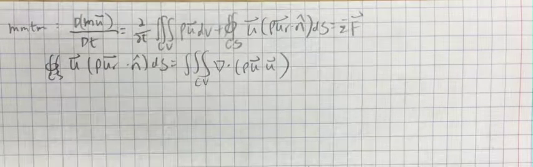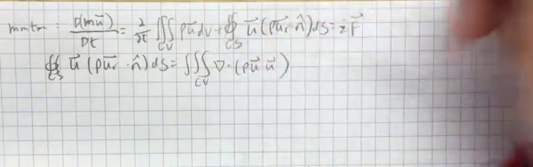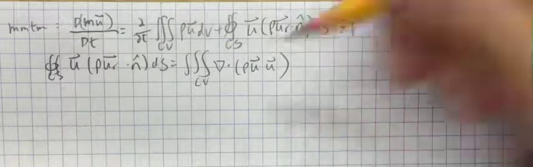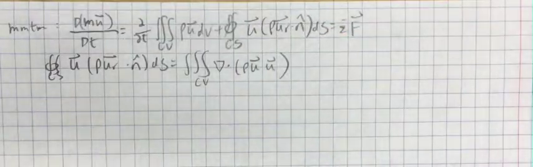That's just a small reminder, okay? So here we have the divergence of a second order tensor, right? So we expect the final result of this thing will be a first order tensor, which is a vector. Okay.